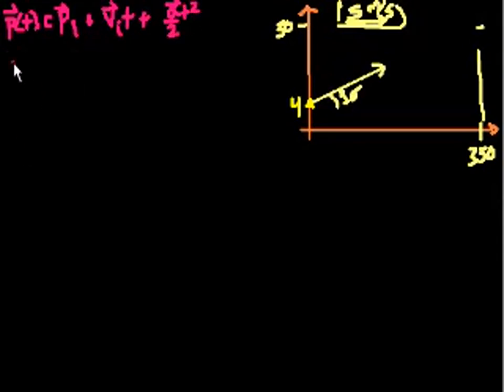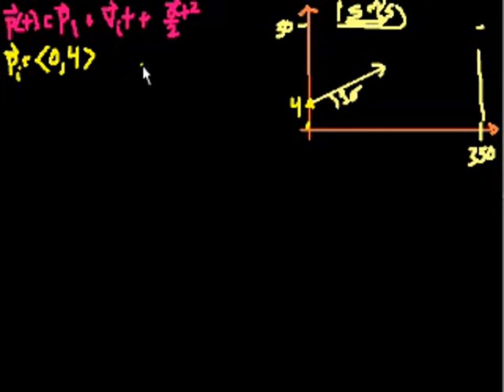So what's the initial position? And now we're going to use some of our new notation. The initial position when I hit the ball, its x component is 0. It's like its coordinate, and they're not that different a notation. And then the y position is 4. Easy enough.